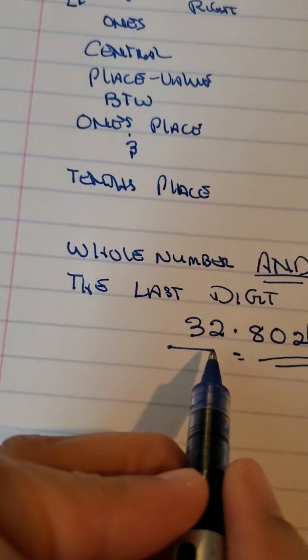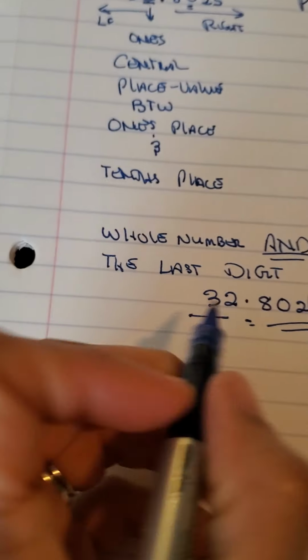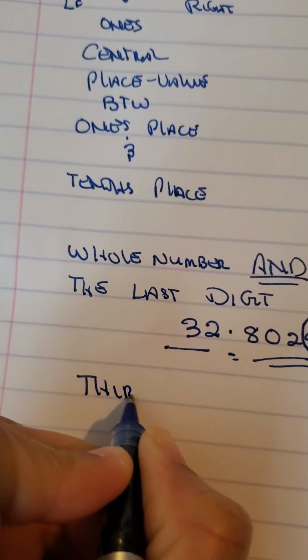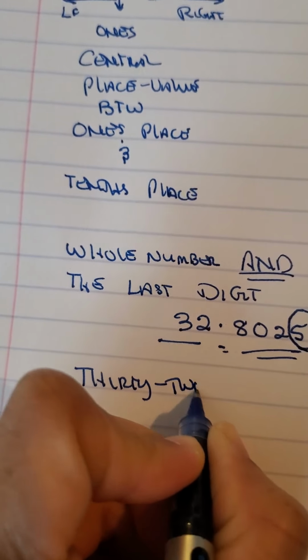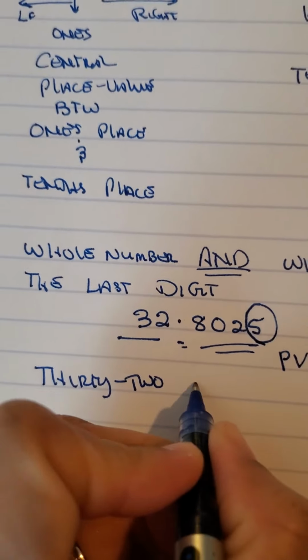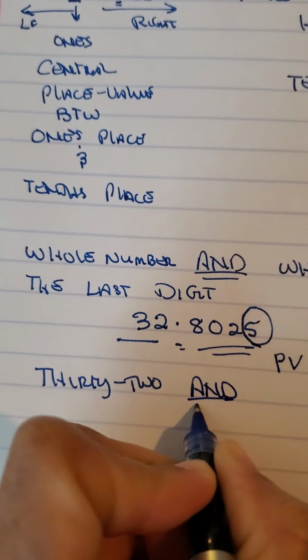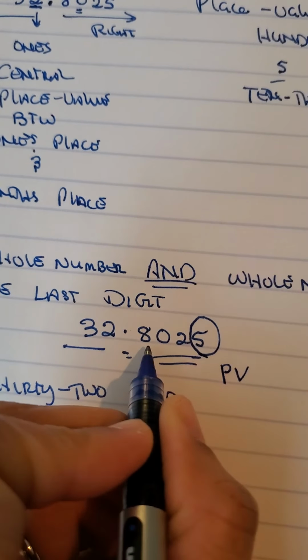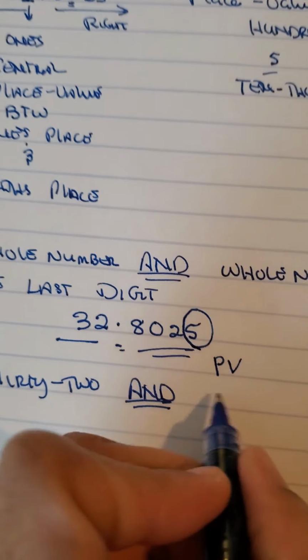So my whole number form would be 32. And my decimal point will be "and." Here's our opportunity to use the word and. And the whole number after the point is 8,025.